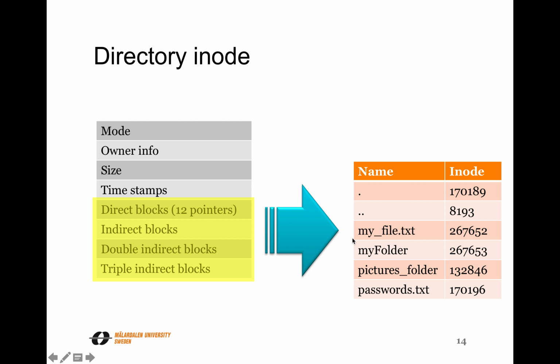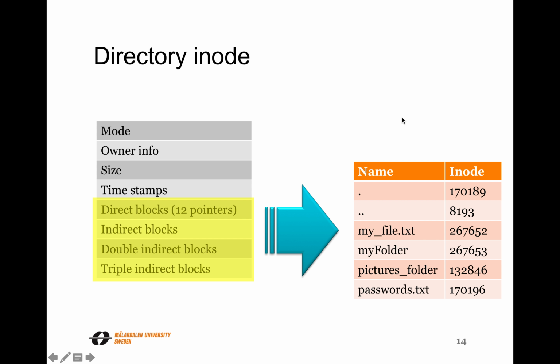So that would be the file name of the file that's included in the directory and the actual inode number of that file. So that means you can change the name of a file in a directory without having to change the inode number. So these inode numbers are used to point to where to find data for files that are included in directories.